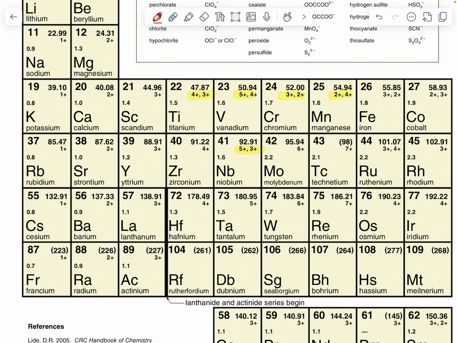Not all the possibilities are listed. These are just some of the most common ones. So you can have other possible charges that are not listed on the periodic table. For reference, the first one that's listed is the most common. And during a reaction, if it doesn't specify which one's formed, you would go with the most common, the first one listed.